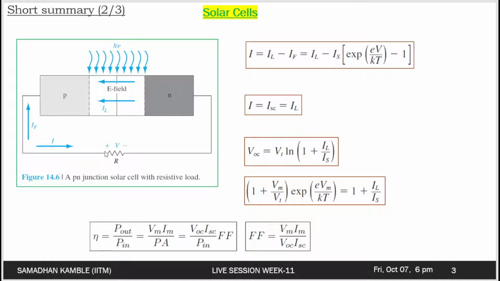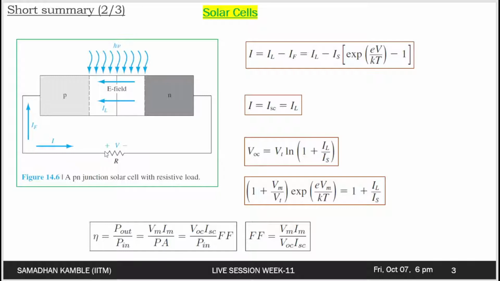Incident photon illumination can create electron hole pairs in the space charge region, that will be swept out, producing the photocurrent, denoted by IL, in the reverse bias direction as shown here. The photocurrent IL produces a voltage drop across the resistive load, our external circuit, which forward biases the PN junction.